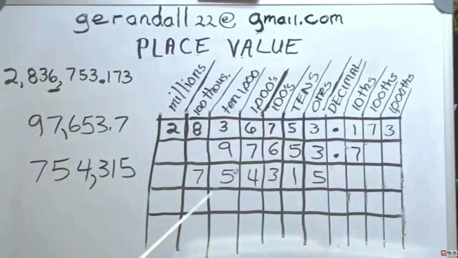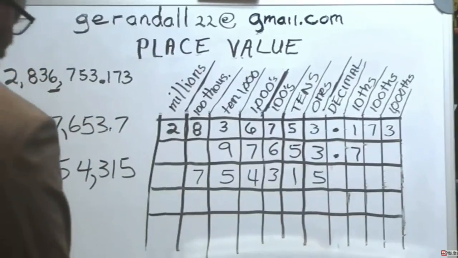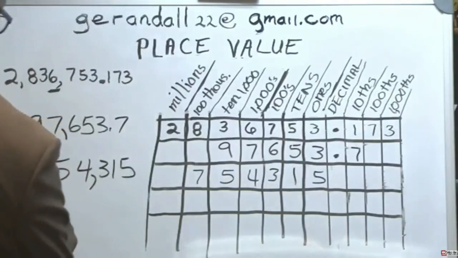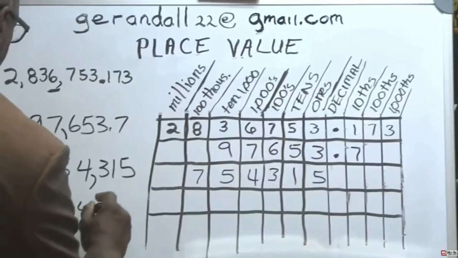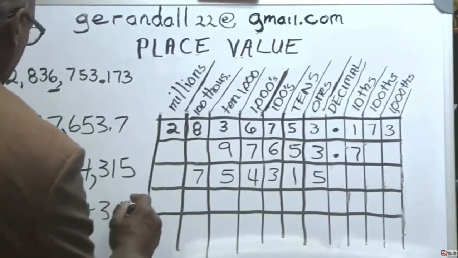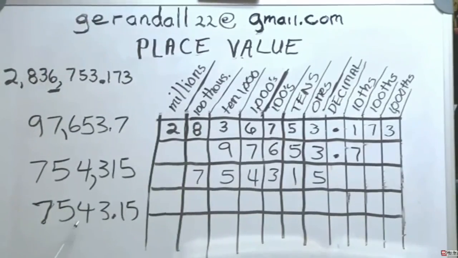If you say 'and', it would infer that you're talking about a decimal. And that would look like this. And as you can see, 7,543 and 1,500 is a lot less than 754,315. If you had a salary, I think you'd want this one. And that would be your six-figure income.